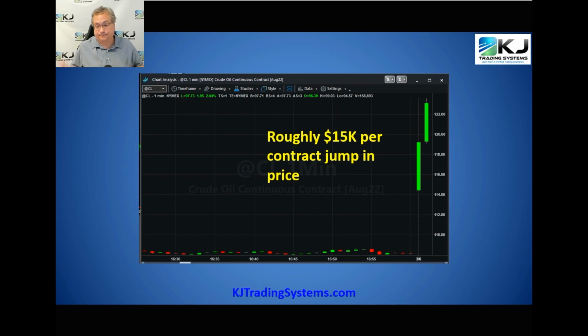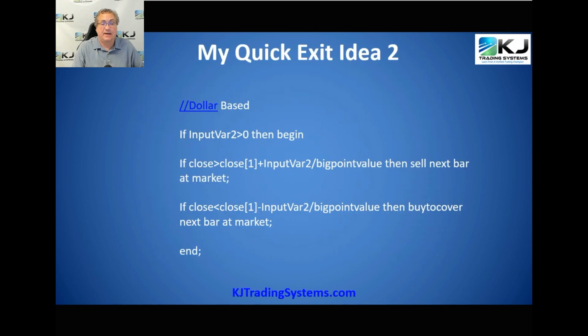The idea is that might be a good time to get out because it's kind of like a jackpot, a bonus type situation where you don't expect the market to jump like that. And when it does, that might be a good time just to take your money and go home. That's the idea.